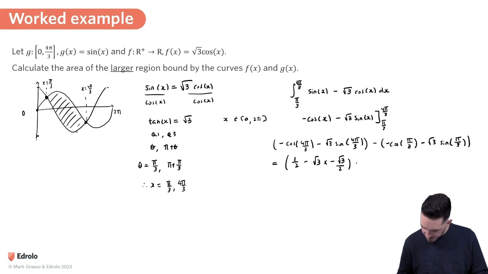then minus negative cos of pi on 3, so it's going to be negative a half, then minus root 3 sine of pi on 3 is root 3 on 2, so times root 3 on 2.